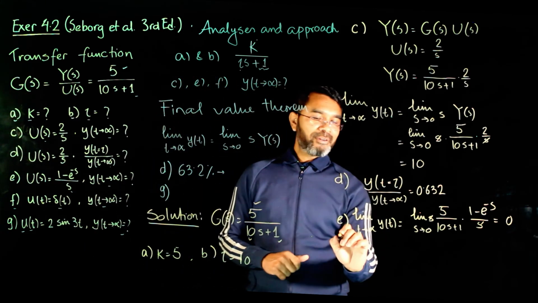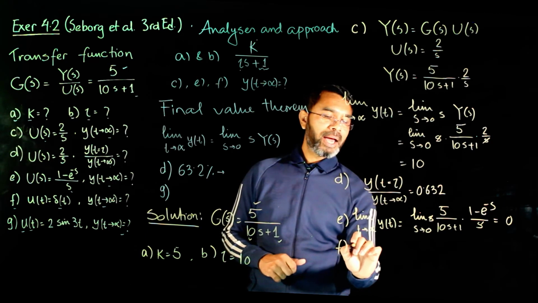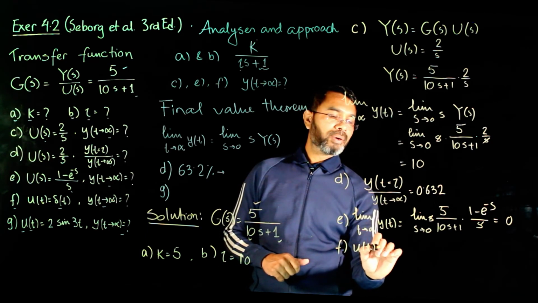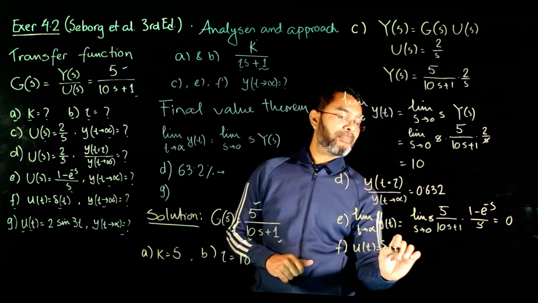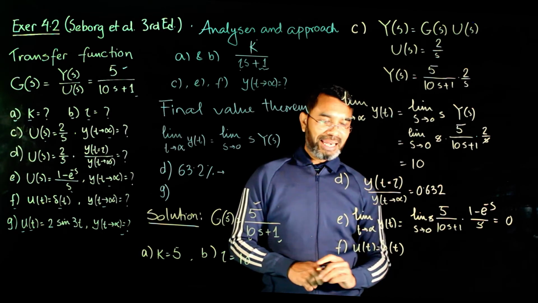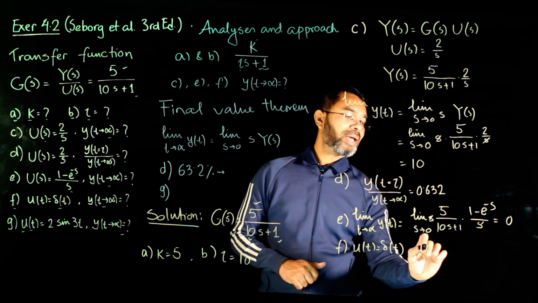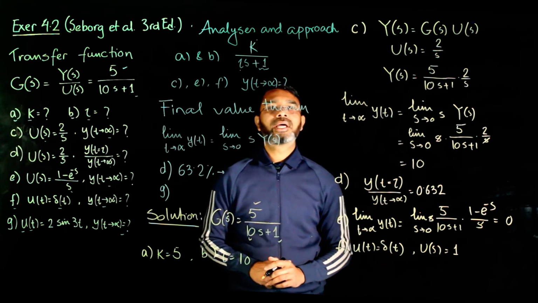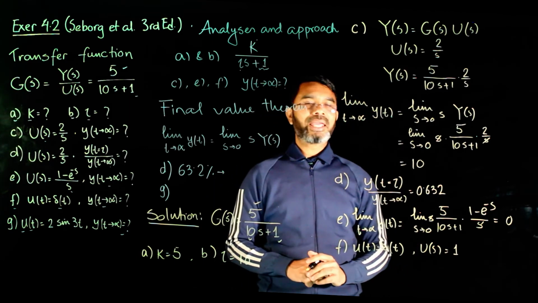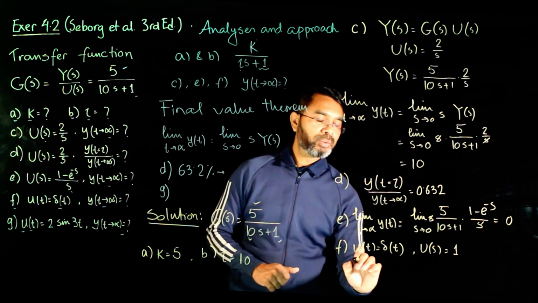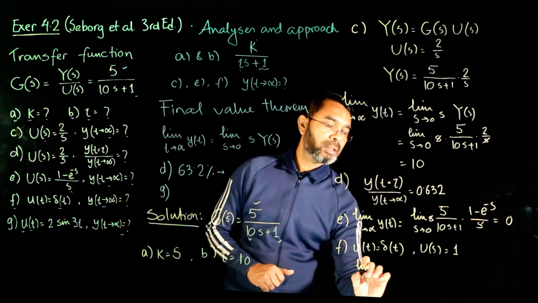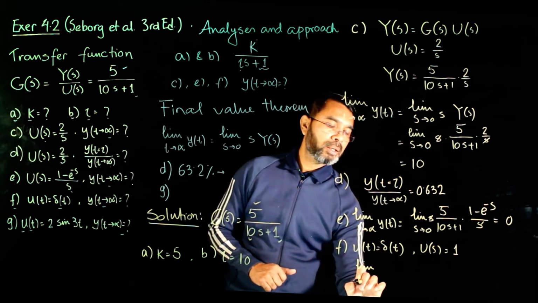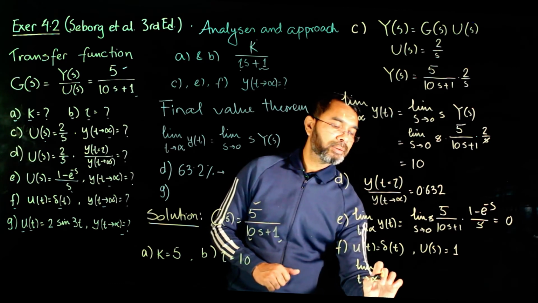Again for part F, we have u(t) equals delta(t), which is an impulse input. So we'll have U(s) be 1. You know that the Laplace transform of the impulse is 1, and we directly use the final value theorem here.